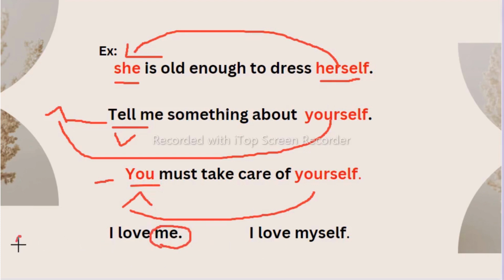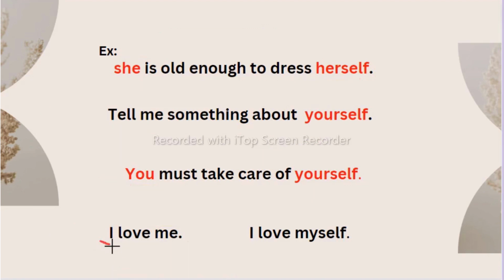I told you the structure of the sentence is subject plus verb plus object. Love is a verb, and after a verb an object will follow. So this is the objective pronoun, but here we are talking about the same person, which is I. So if we are talking about the same person, the object will be myself, which has to reflect back onto the subject.